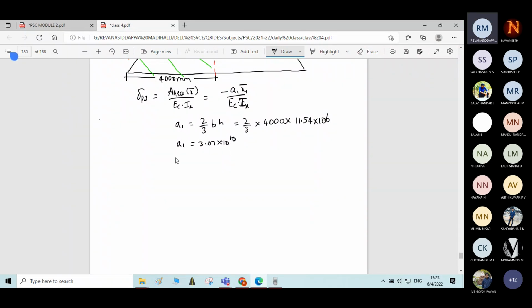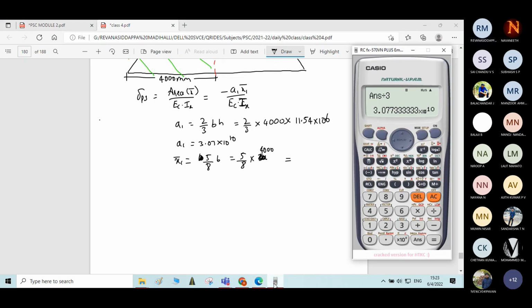Then x1 bar will be 5 by 8 of 4000, so the answer is 4000 into 5 divided by 8, that is 2500.